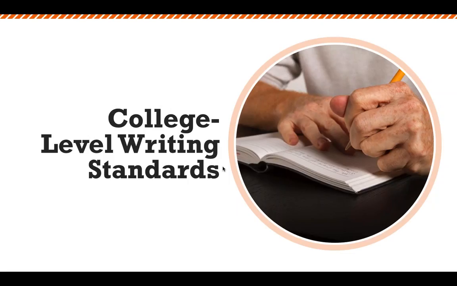Real quick, a word about college level writing standards. Somewhere there's a document, I don't know where it is, that tells where students should be during the first 4 months of this program. For this class, Creative Presentation, there is a score given for every assignment for grammar and mechanics. At this stage, the requirements are pretty basic.